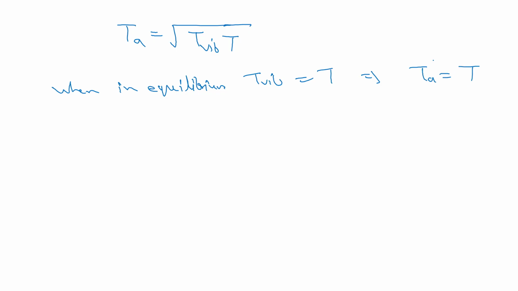So if there is equilibrium, then T vibrational and T a will be the same, and only in non-equilibrium will T a be different from T. So if T a is greater than T, or T vibrational is greater than T, then the chemical reaction will be faster.